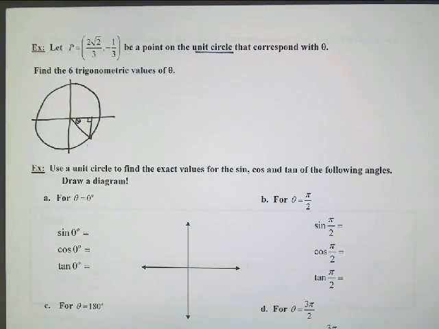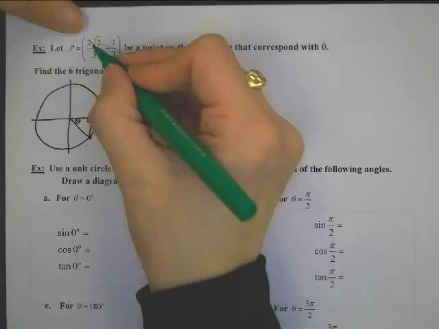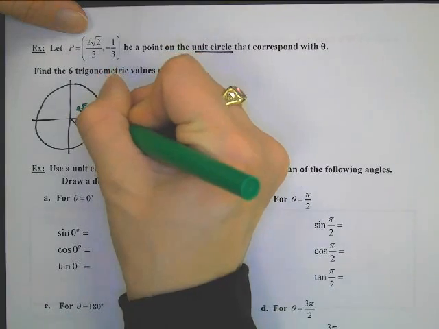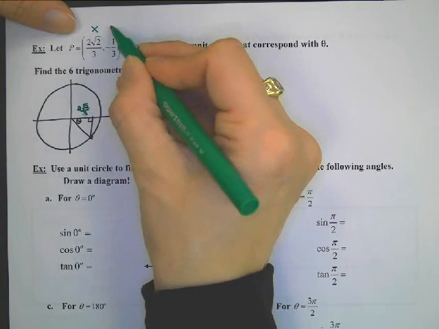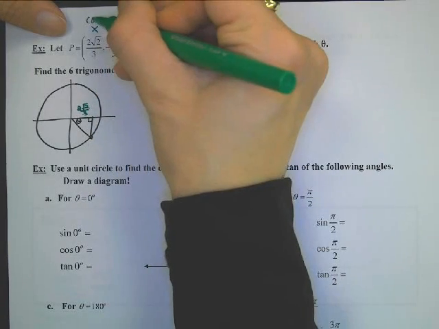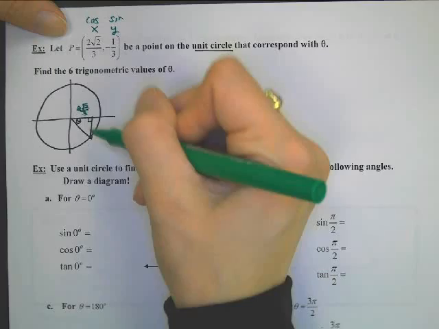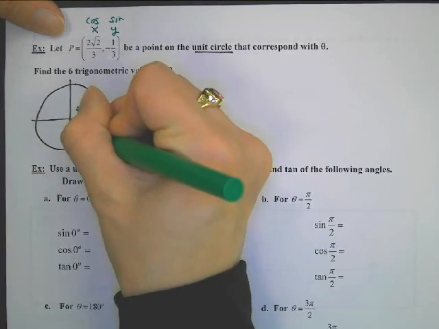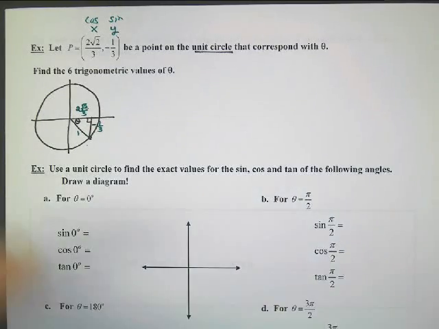All right, let's put our information on this triangle. It says that the x value is 2 radical 2 over 3. This is x, comma, y, or cosine, comma, sine. The sine value is negative 1/3, and the hypotenuse is 1.